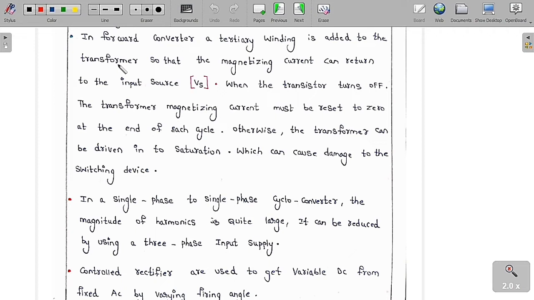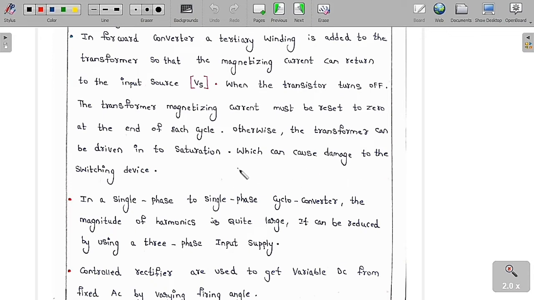In the forward converter, a tertiary winding is added to the transformer so that the magnetizing current can return to the input source when the transistor turns off. The transformer magnetizing current must be reset to 0 at the end of each cycle. Otherwise, the transformer can be driven into saturation, which can cause damage to the switching device.